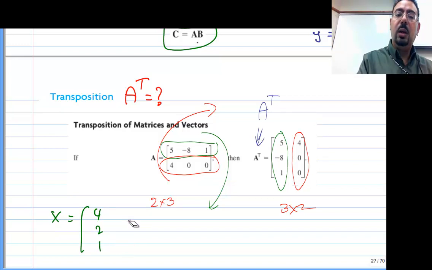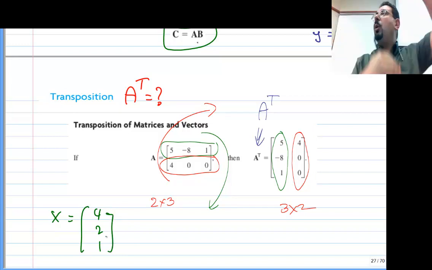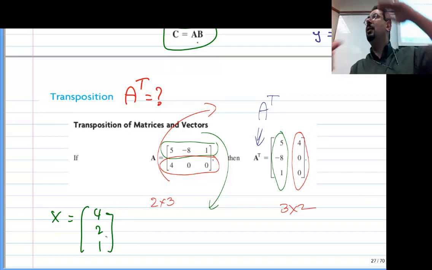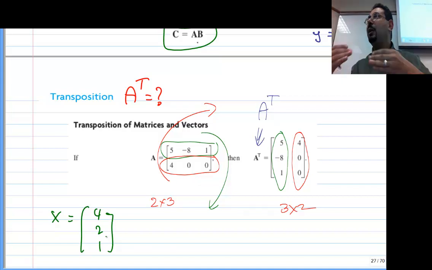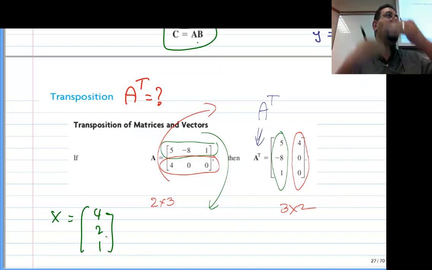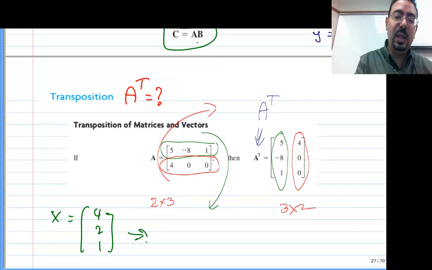Well, how is he going to write this in the textbook? That will require 3 lines, and paper is expensive. He cannot really afford to spend 3 lines. So instead he will say x transpose.